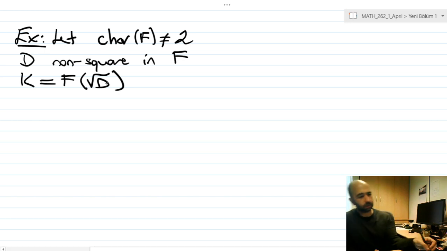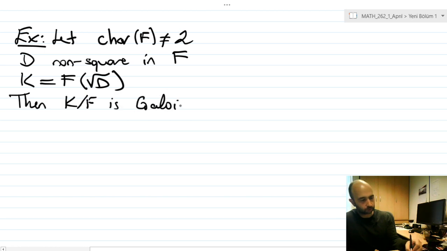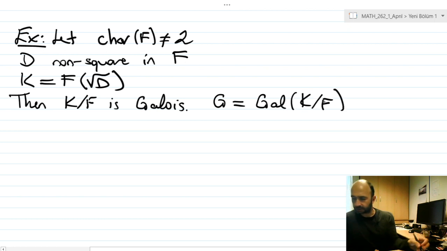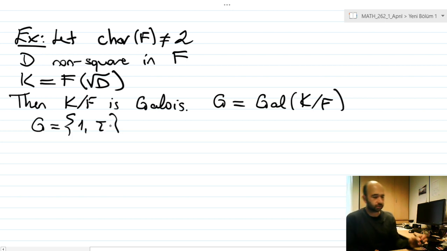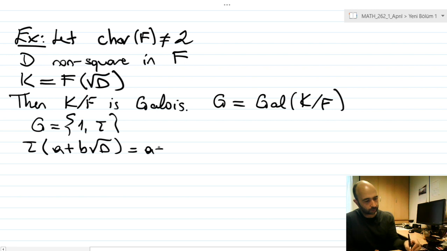Then we know, of course, that K over F is Galois, with Galois group, let's say G. Then its elements are, we know very well, it has got two elements, the identity element and tau, where tau of a plus b root t is a minus b root t, right?